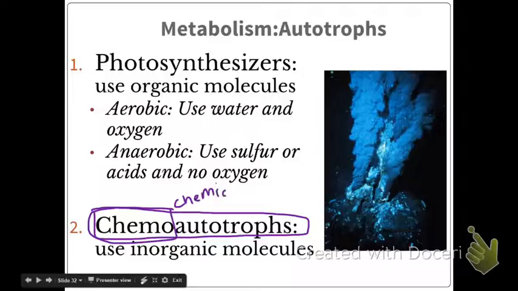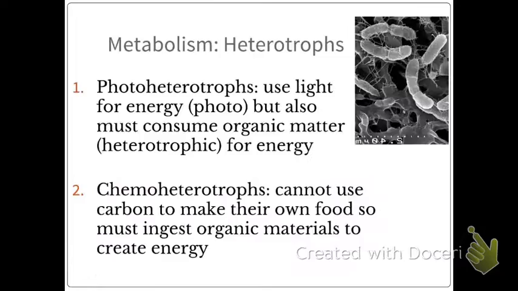Chemo is chemical, autotroph is self-feeder. And so chemoautotrophs are organisms that use chemicals to create their own energy. Okay, so photosynthesizers and chemoautotrophs are two examples of how organisms eat. Another example is a photoheterotroph.